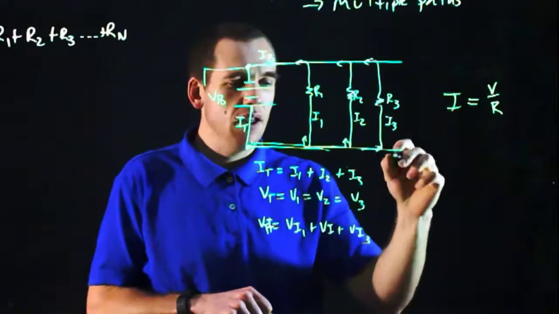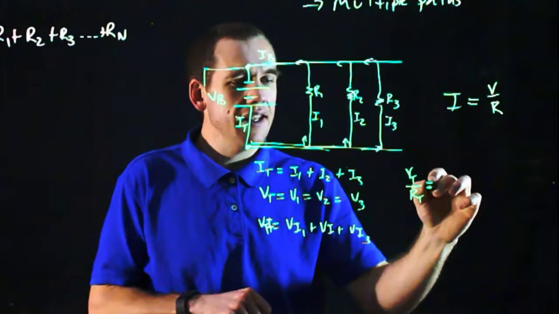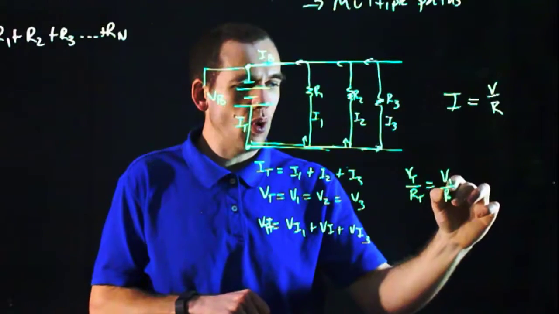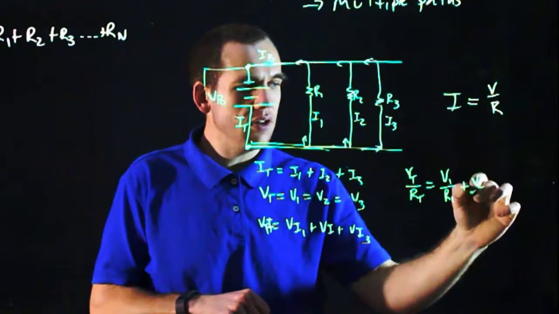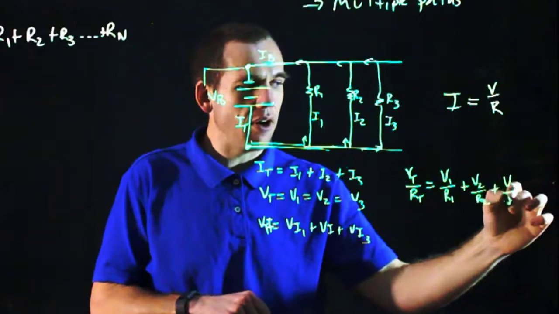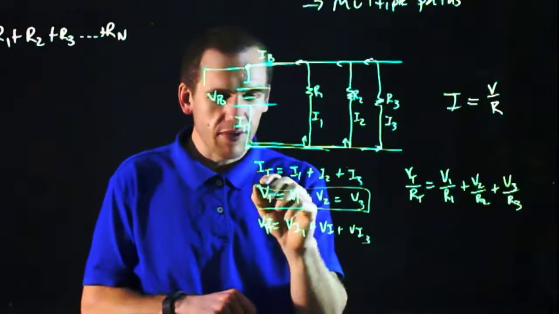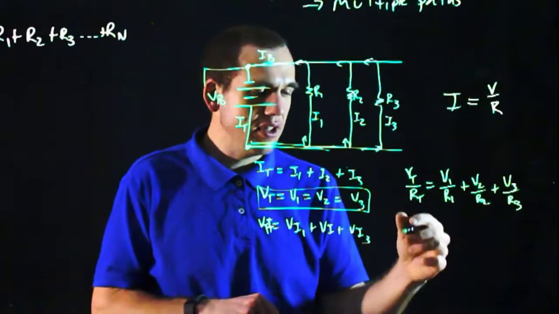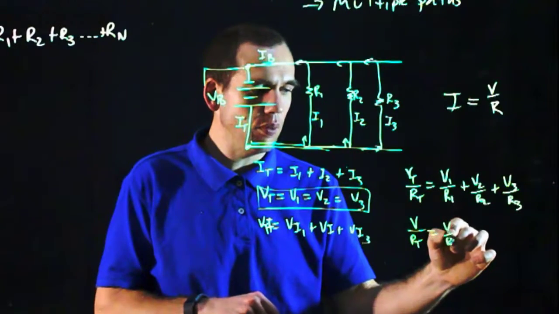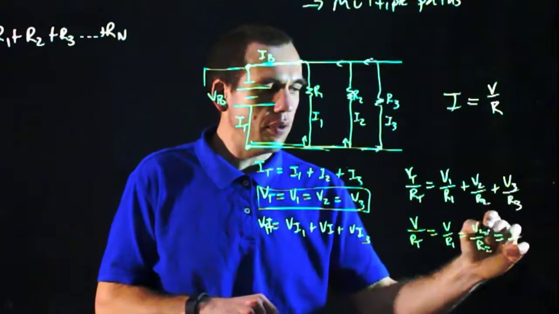And so I'm going to have the total voltage divided by the total resistance equals the voltage across R1 divided by R1 plus the voltage across R2 divided by R2 plus the voltage across R3 divided by R3. Now, because of this relationship, the voltage everywhere being the same, we can actually say that V over RT equals V over R1 equals V over R2 equals V over R3.